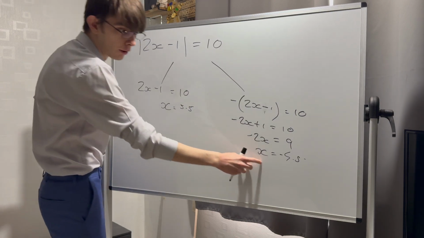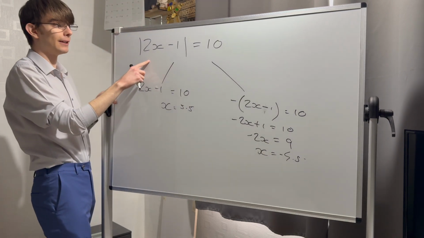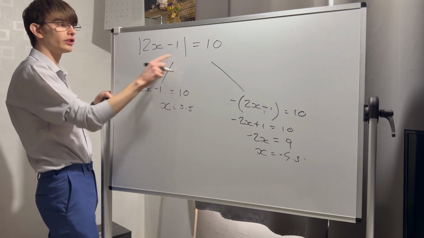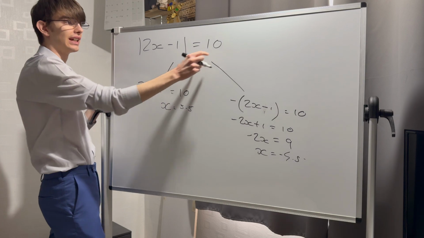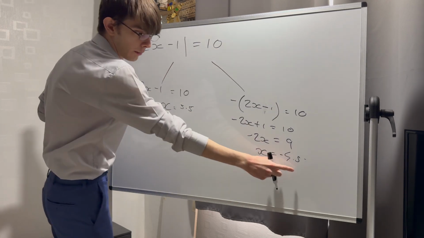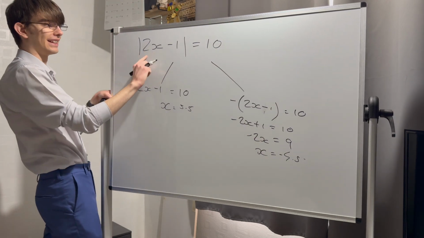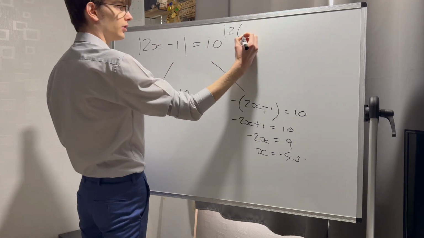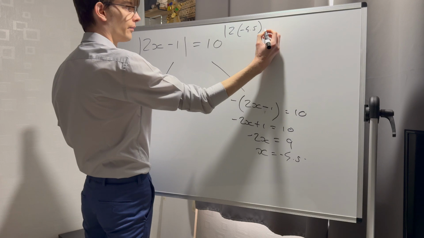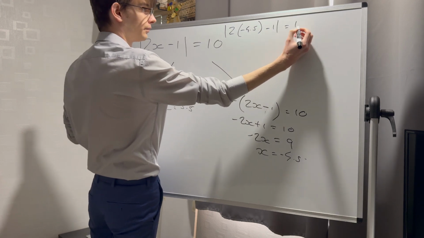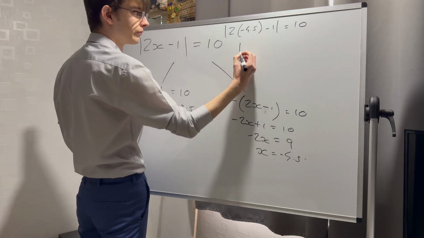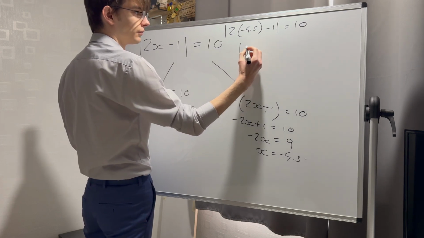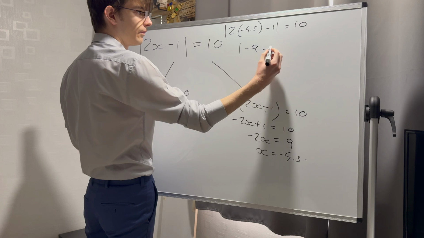In fact, if I put these numbers back in, I get a negative value. But because of my modulus, it's forcing it to be positive 10. So if I put my x is minus 4.5 back into my original up here, well, 2 times minus 4.5 minus 1 equals 10. 2 times minus 4.5 is minus 9.